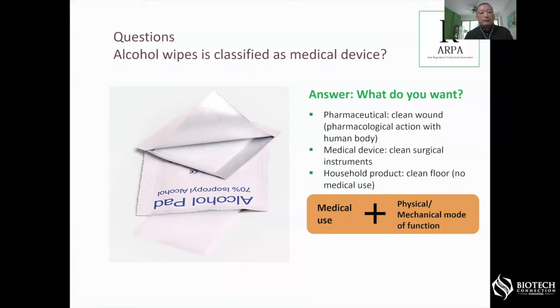Then you're okay. So you can see the same exact product, same formula, same packaging, whatever, even the same use, you wipe something, you can position your product any way you like. You just need to justify the use here.